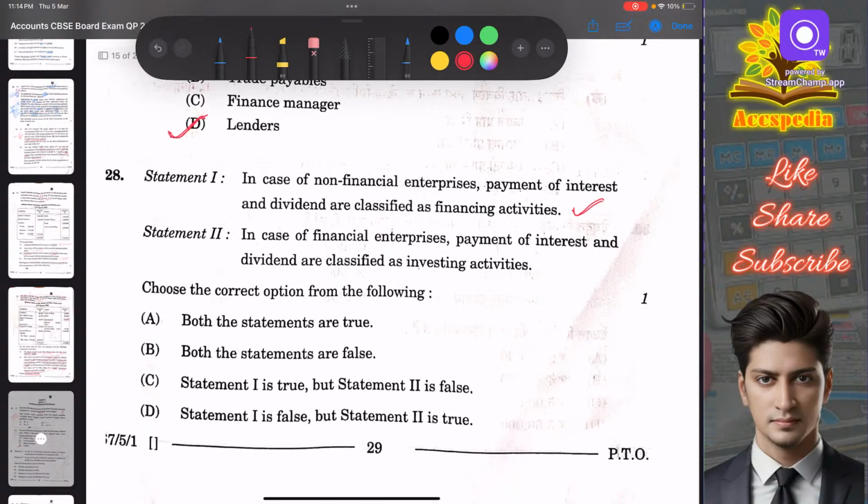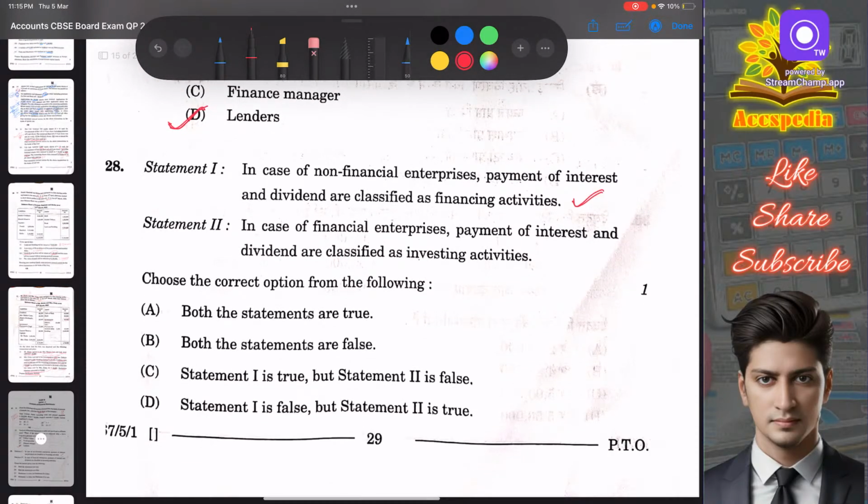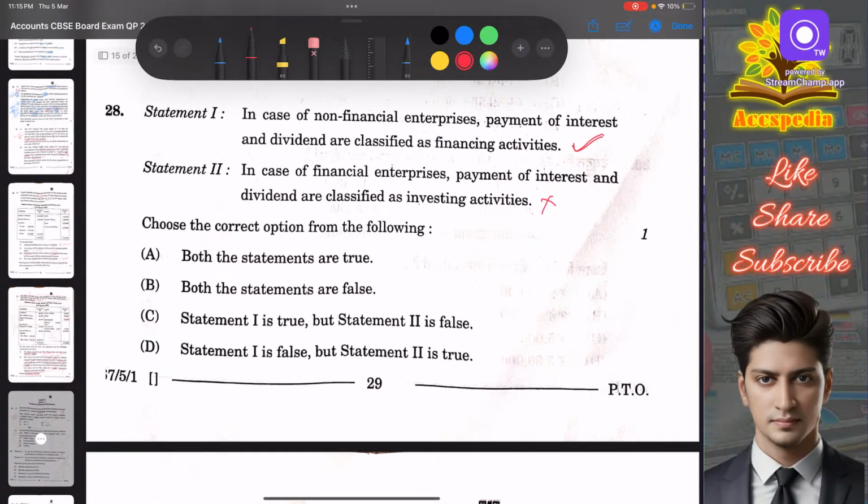Statement 2: In case of financial enterprises, payment of interest and dividend are classified as investing activity. False. This is an operating activity for them if it is a major business operation; if they are paying dividend to their shareholders, it is financing activity, either operating or financing, not investing. So statement 1 is true, 2 is false, so option C.